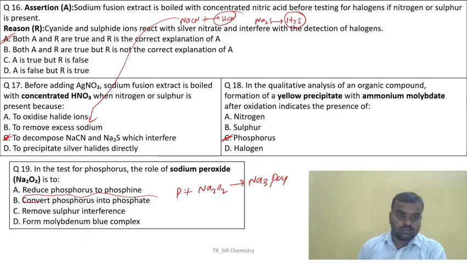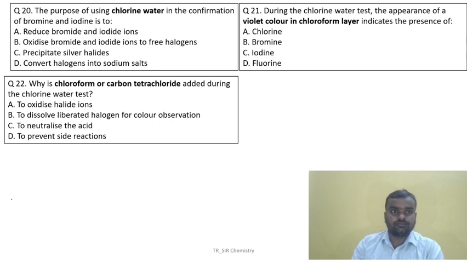So option B is the right answer. Now 20th question. What is the purpose of using chlorine water in the confirmation test of bromine and iodine? It oxidizes easily, right? It oxidizes the bromide and iodide ions into free bromine and iodine. So option B is the right answer.